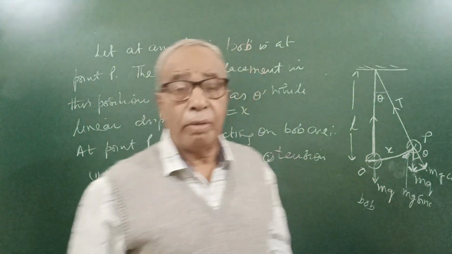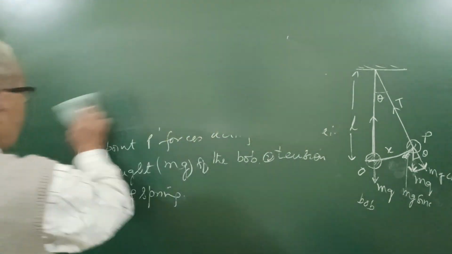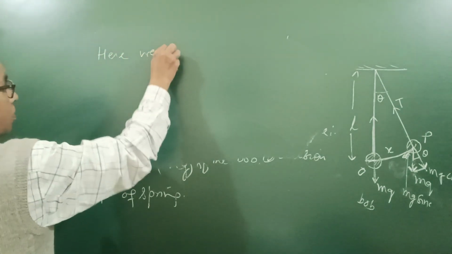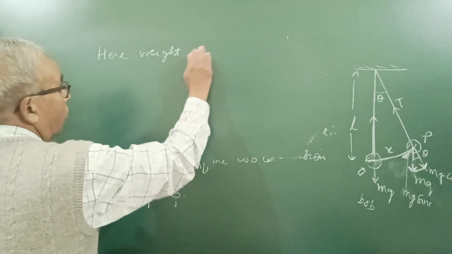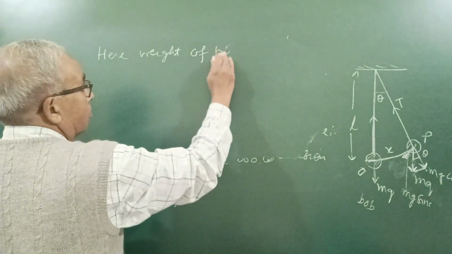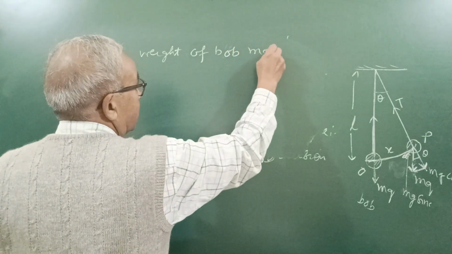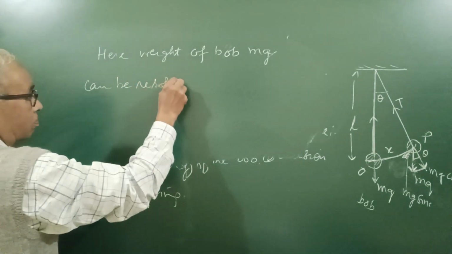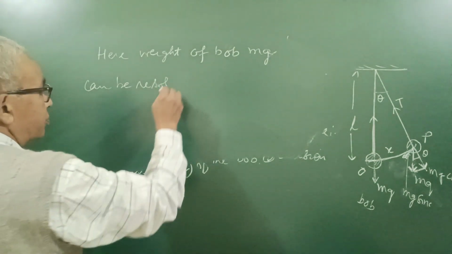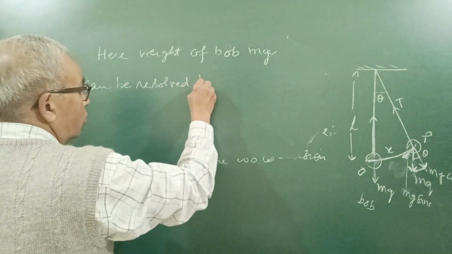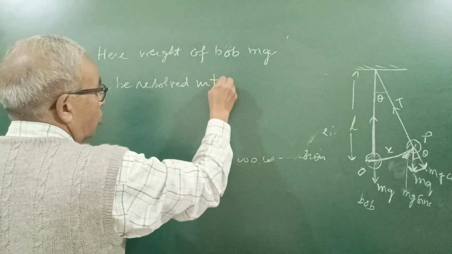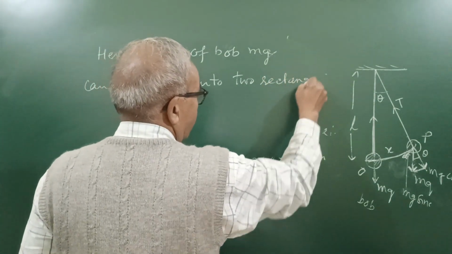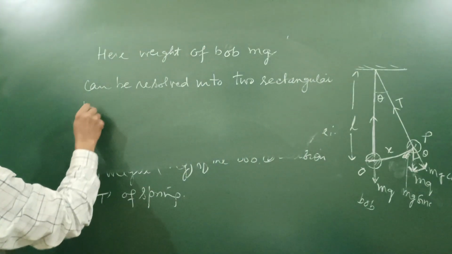Here we can resolve the weight mg of the bob into two rectangular components.